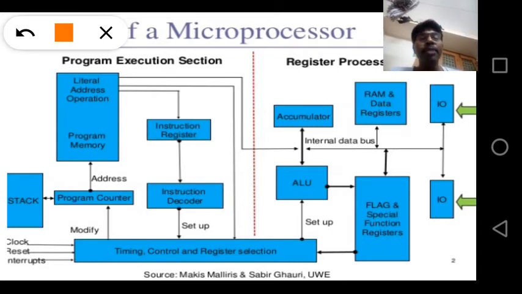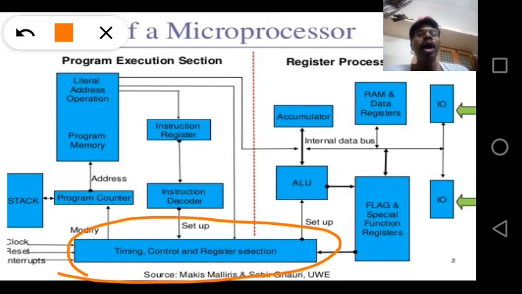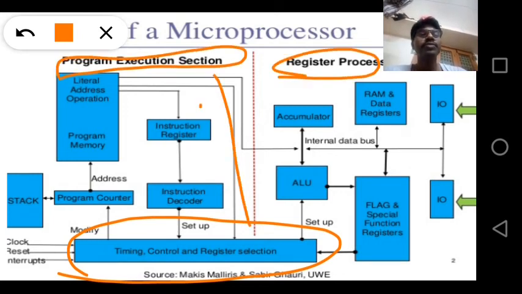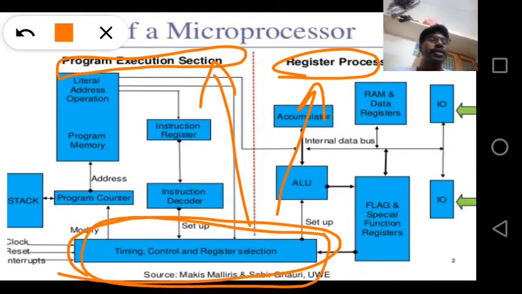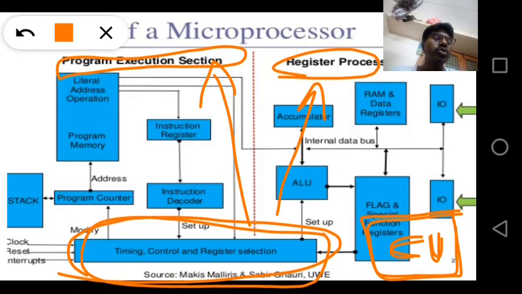And the most important part here is, the program execution section and register processing are both handled by the timing control register section, which is nothing but the control unit. The control unit is the one which makes these two blocks communicate in a microprocessor.